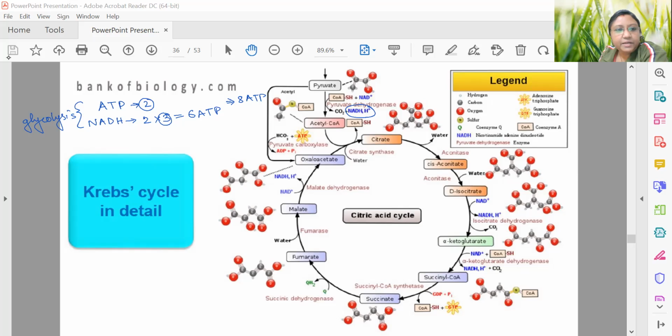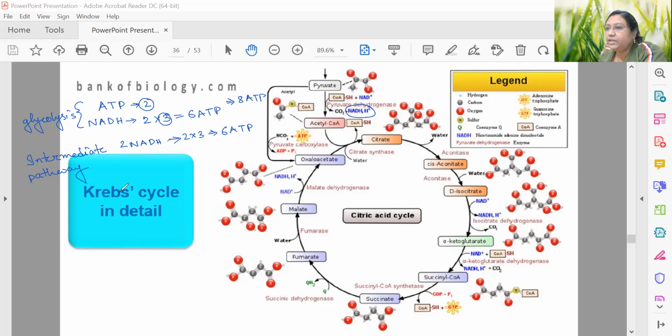So in the intermediate pathway there will be production of 2 NADH, and thus 2 multiplied by 3, that is 6 ATP. So up to the intermediate pathway, there will be production of 8 plus 6 ATP. How much is it? 14.